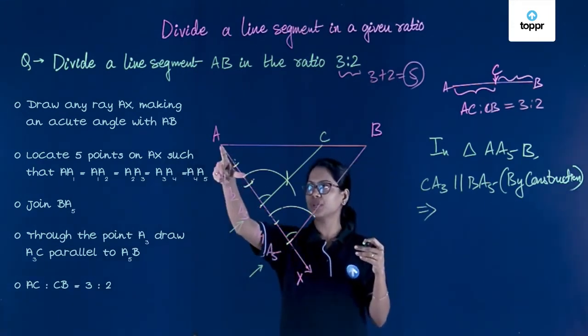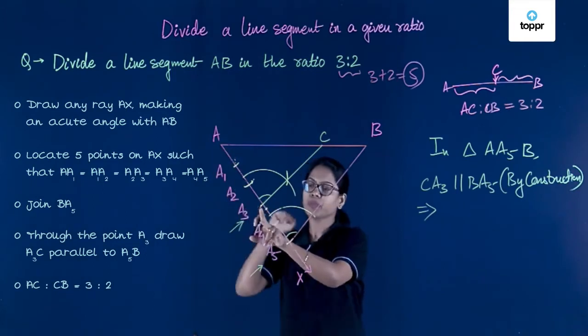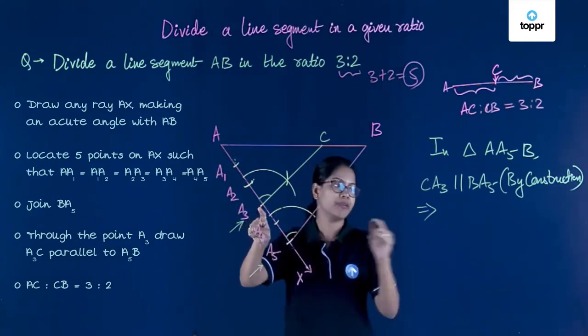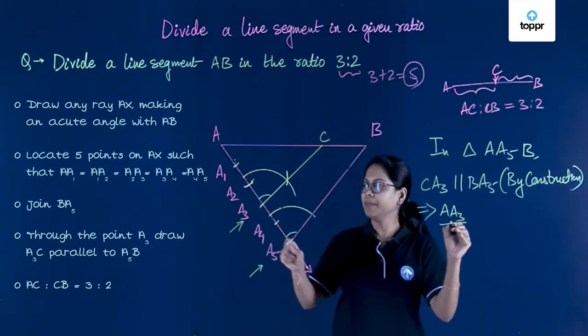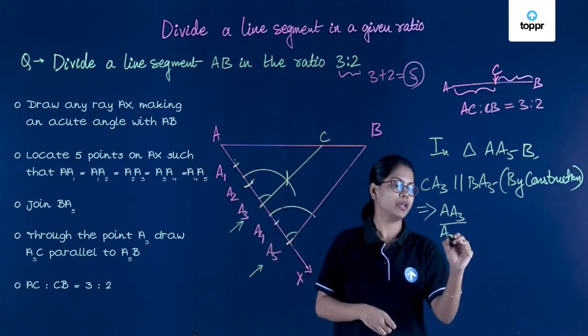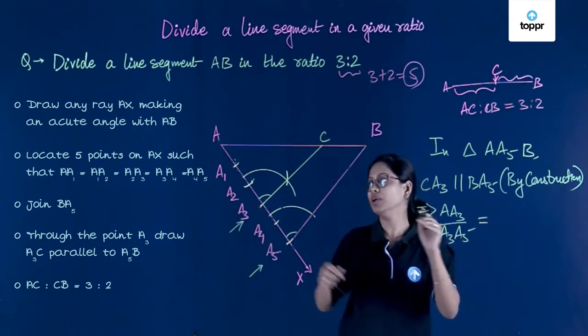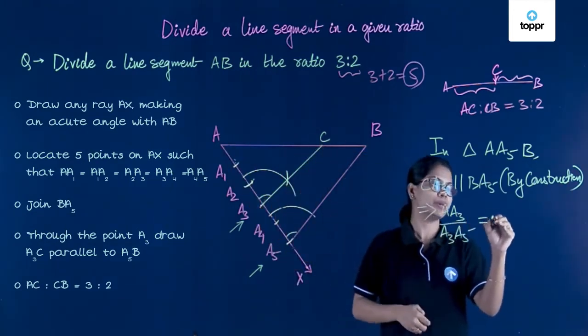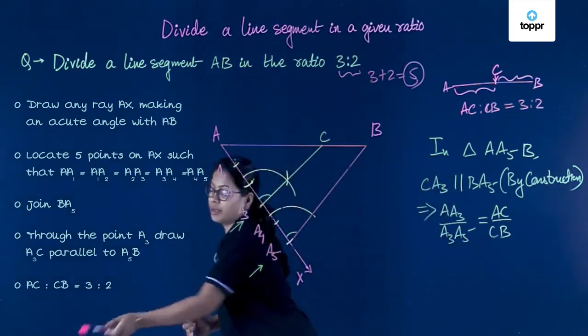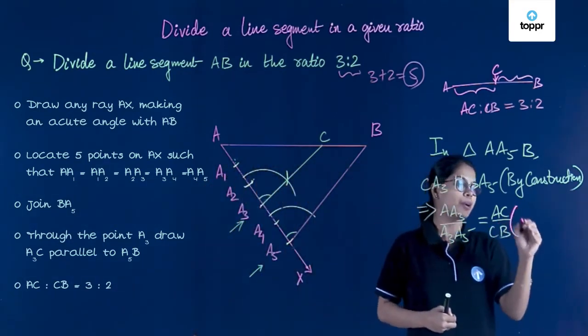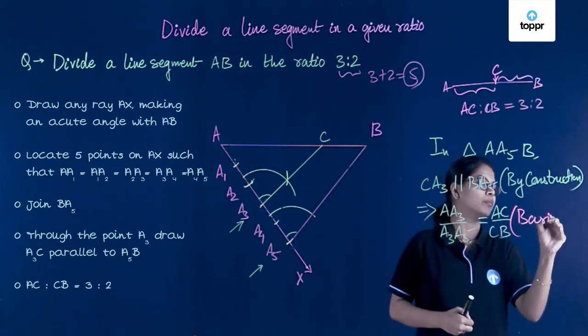Now that means the ratio of AA3 by A3A5. So the first part is AA3 divided by A3A5. A3A5 is equal to AC by CB, and this result we know by the basic proportionality theorem.